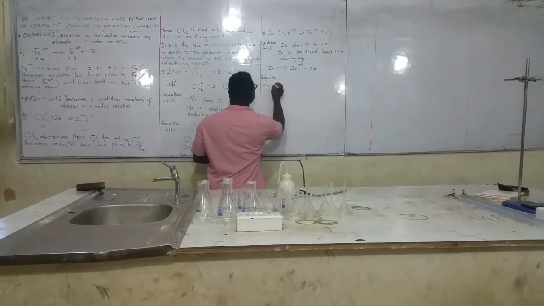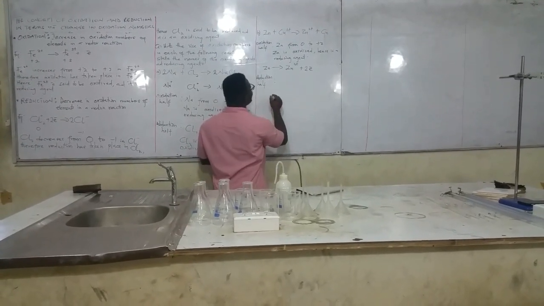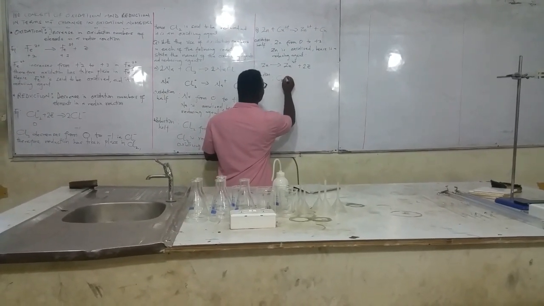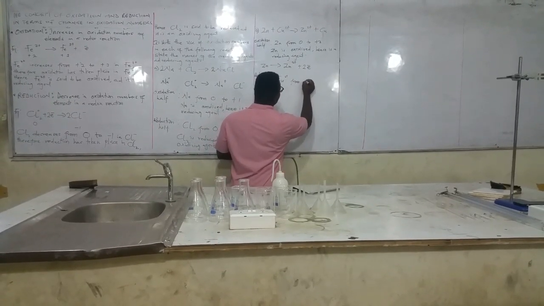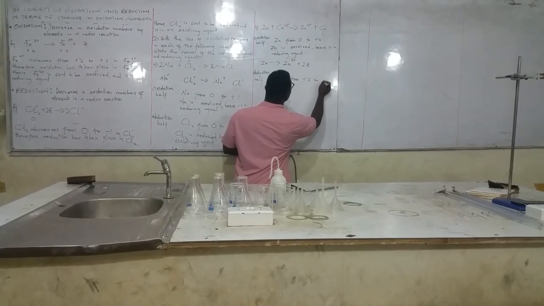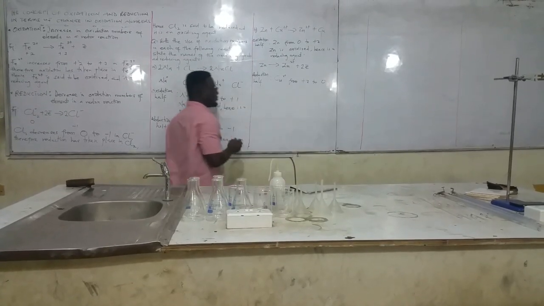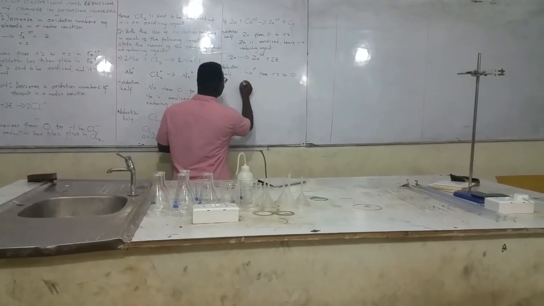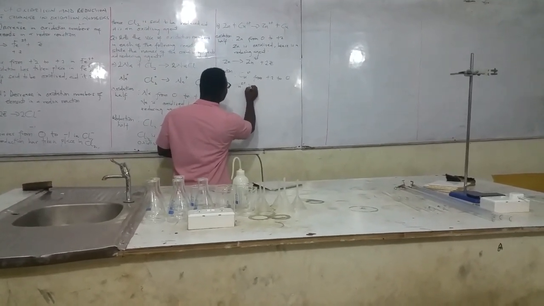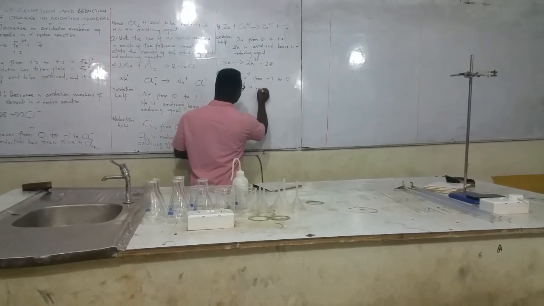So we have the reduction half. Reduction half, we have Cu2 plus, from plus 2 to 0. See, a decrease. So we can say that Cu2 plus is reduced.